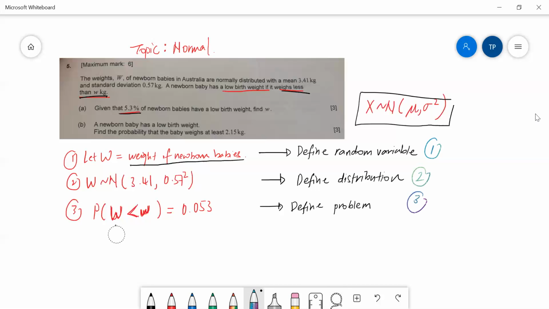So from here, what is given to you is the probability, and what we want to find is the limit, the boundary here. So this is when you need to use inverse norm.